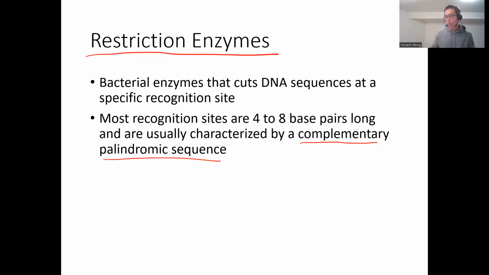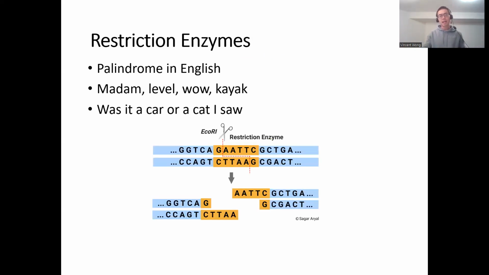But a palindrome, in English, is a word that reads the same forward and backward. Right? So like madam, that's a palindrome because if you spell it forward, it's the same as when you spell it backwards. Level, wow, kayak, all these are examples of palindromes.